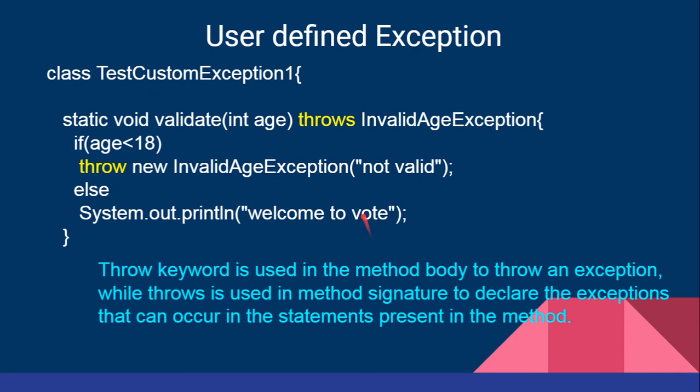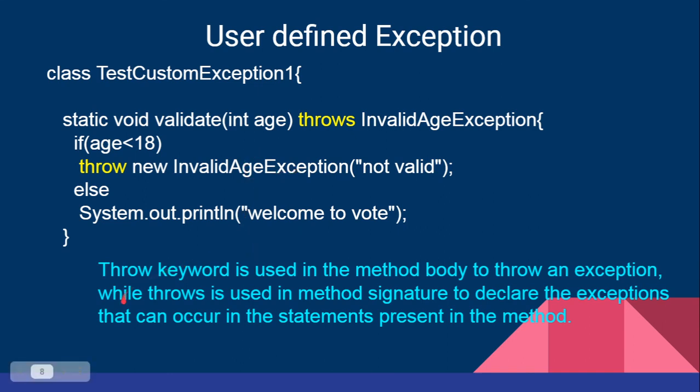That input value is received and checked against this value, and this exception handling part of the program handles the exception to say that if the age is less than 18, you are not eligible to vote. If it is greater than 18, we are eligible to vote. So this is the example of the user defined exception.